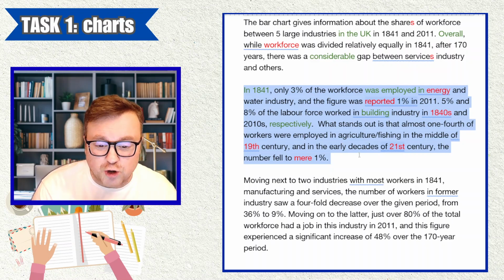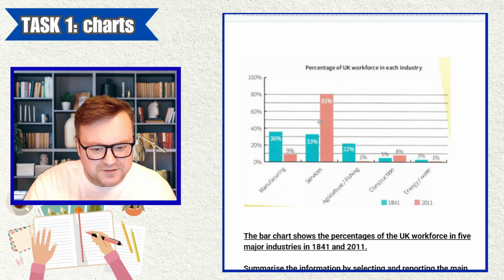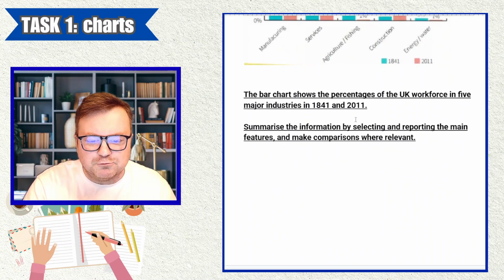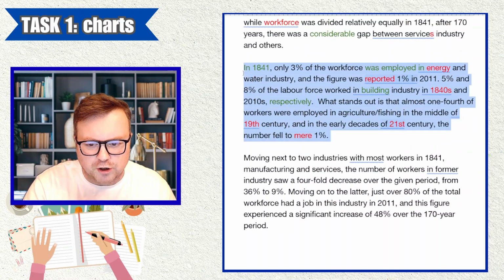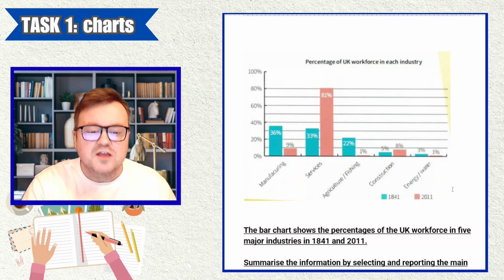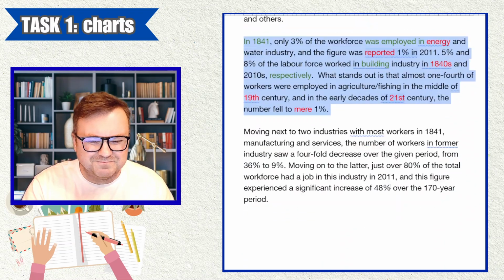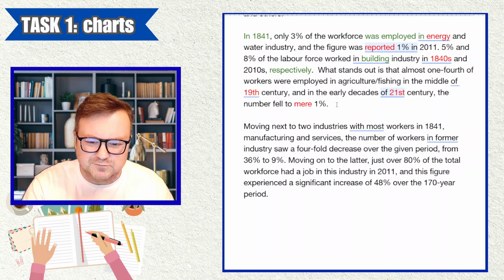For me, the candidate is trying to do too much. You do not need to report every bit of information here. And it really feels to me like the candidate is trying to explain all 5 sectors with both of the years. The task is to select the key features, not to speak about everything. So yeah, for me, the candidate is just trying to do too much.